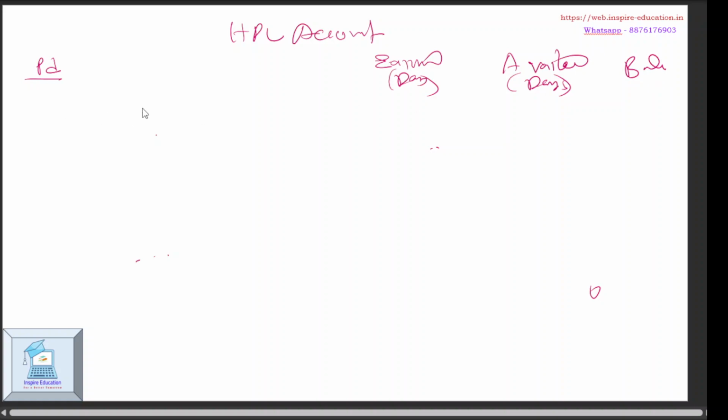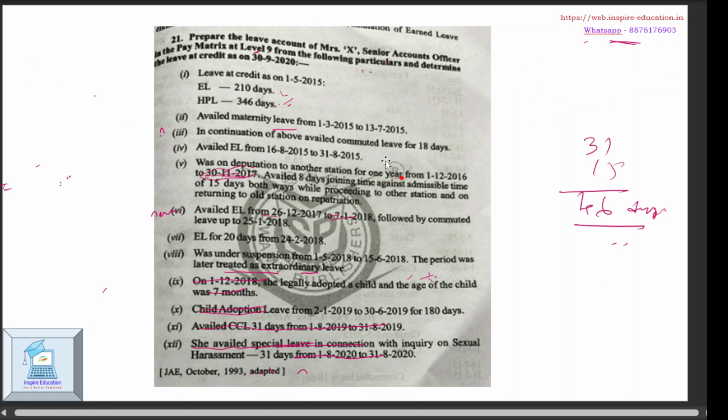Okay, so credit as on 1/5/2015 is given. It is 346 days. Okay, after that he has taken 18 days of commuted leave.